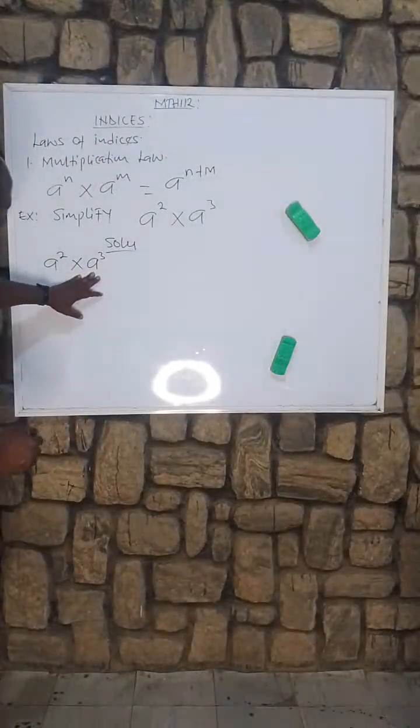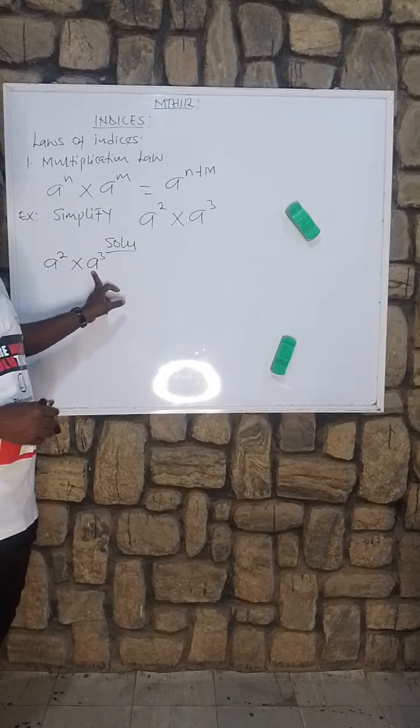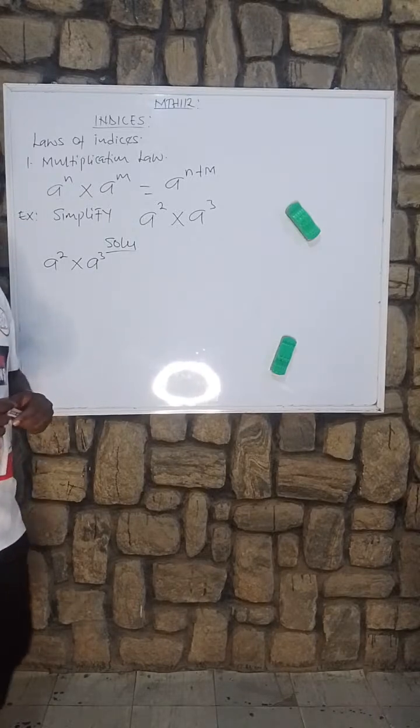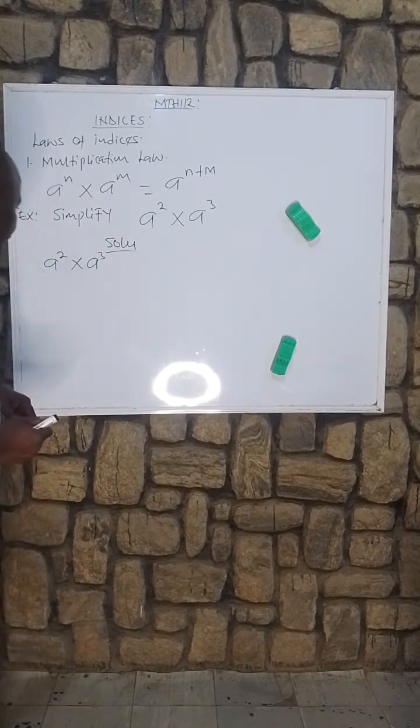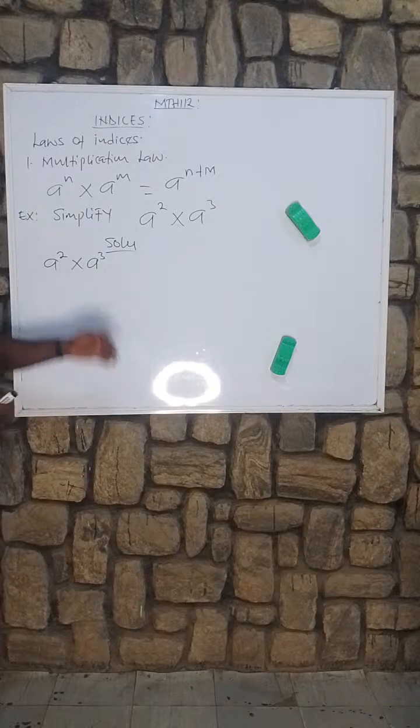When you look at it, you don't need a prophet to tell you this question is coming from indices. And in indices, I mentioned to you guys that we have laws that guide indices before you'll be able to solve problems.